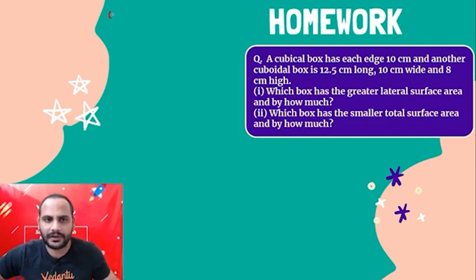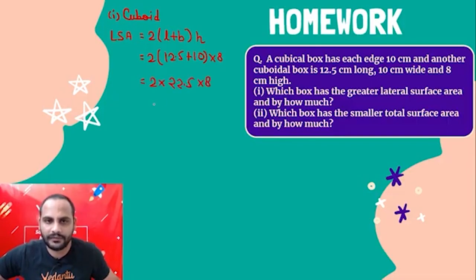Let's calculate both. So first for cuboid. Lateral surface area will be 2 times of L plus B into H. So 2 times of 12.5 plus 10 into 8. So 2 times of 12.5 plus 10 is 22.5 into 8, which is equal to 45 into 8, which is 360 centimeter square. Total surface area over here will be 2 times of LB plus BH plus LH, right?